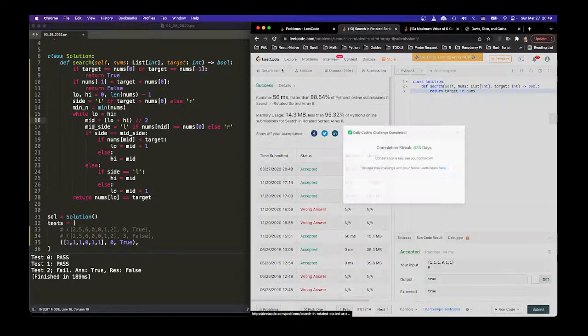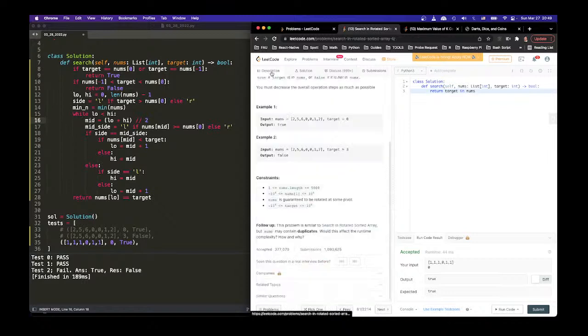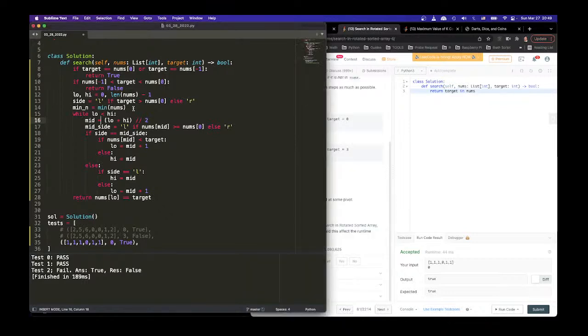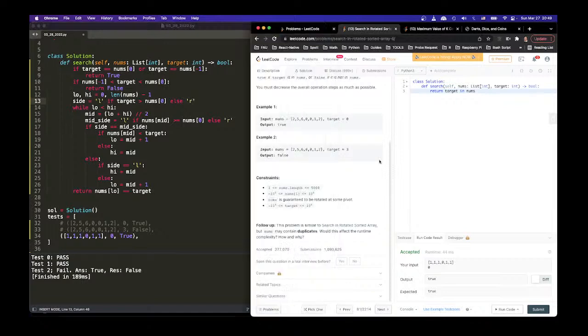But this is not what we want, and that's pretty fast. What we want is using binary search. But if you do the minimum, what's the purpose of doing the minimum? We try to do it in O(log n) instead of O(n).